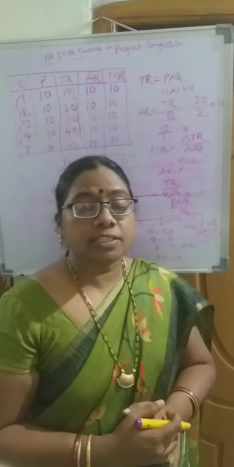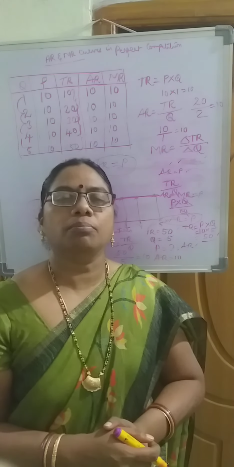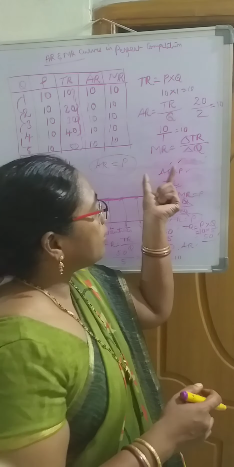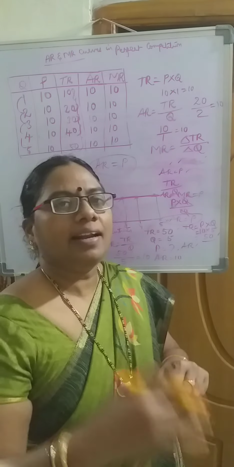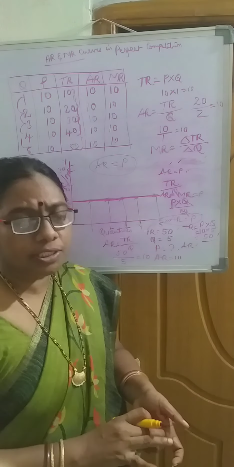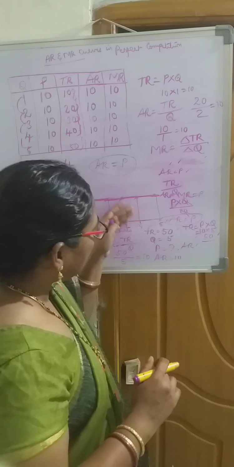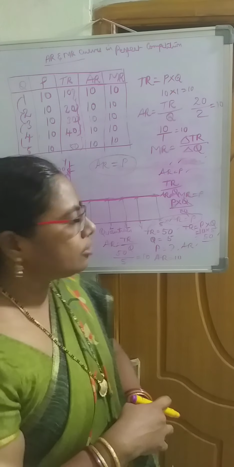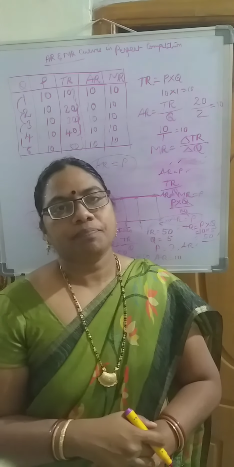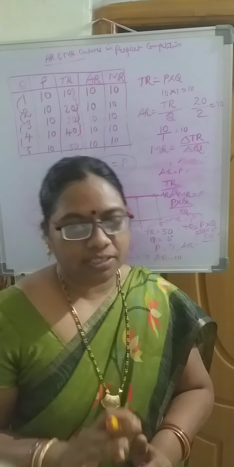Later, when we discuss imperfect competition, there you can clearly see AR and price being the same and MR being different. In perfect competition, AR and MR curves are parallel to the x-axis, or horizontal, and the AR and MR curves are coinciding. So this is AR and MR curves in perfect competition.